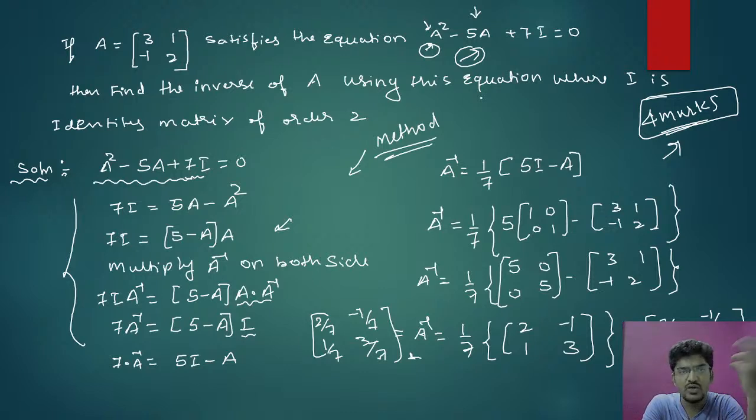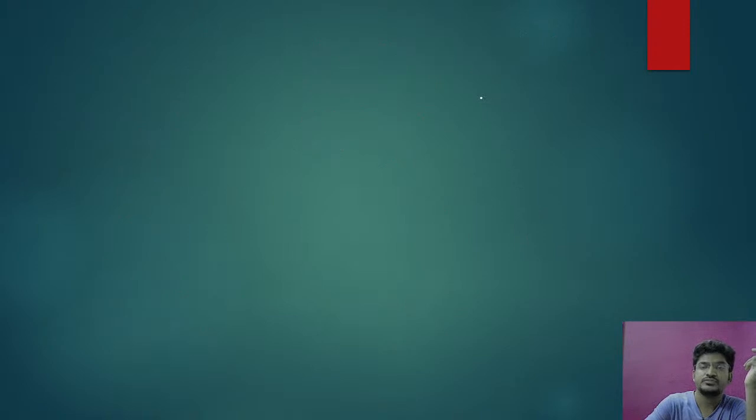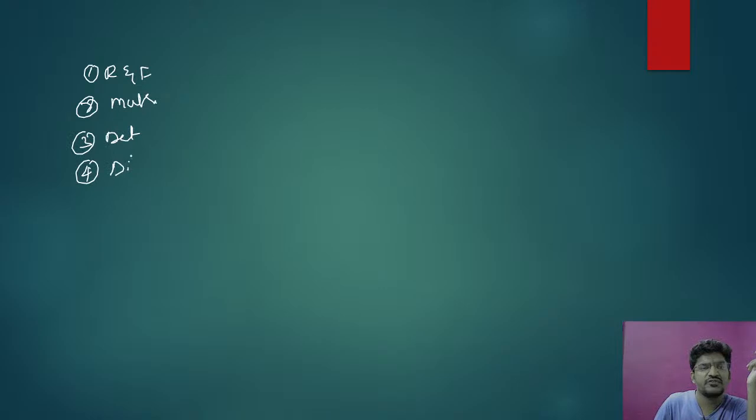Clear? Now in the 5 mark section, I will choose some simple problems that can be understood by everyone. With the 5 marks, you can choose chapters like relations and functions, second matrix, third determinants, fourth differentiation, fifth application of differentiation, and sixth 3D.